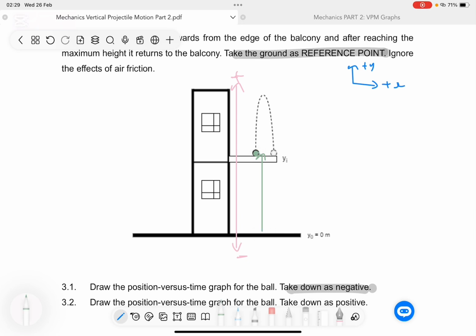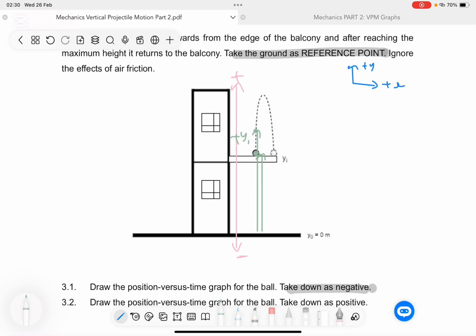Now, this projectile, when it gets thrown, it will move to some height here, and this height will then be measured from 0 to that point there. And I'm going to call this y1, and you can see that this height is positive because actually it is a vector that is above 0. Remember, if this is 0, any vectors that are in this direction will be positive, but any vectors that are below 0 will be negative. So this vector is a vector that is pointing in that direction, the positive direction.